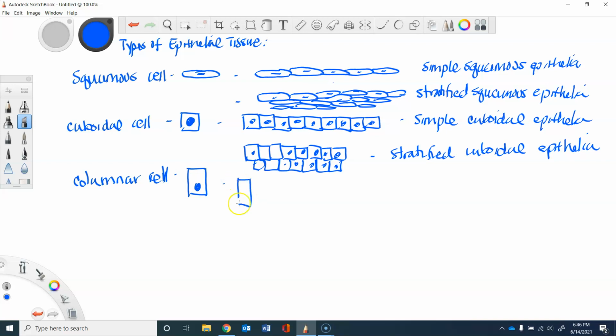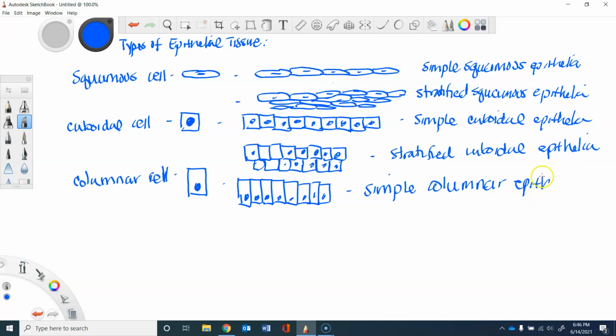So they can be arranged just like this. Again, it's one layer, so it's a simple epithelia. So this is going to be simple columnar epithelia. Okay.